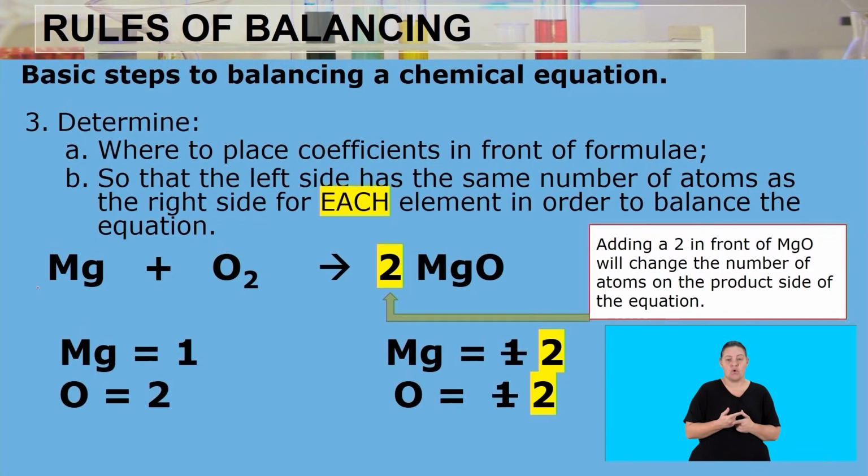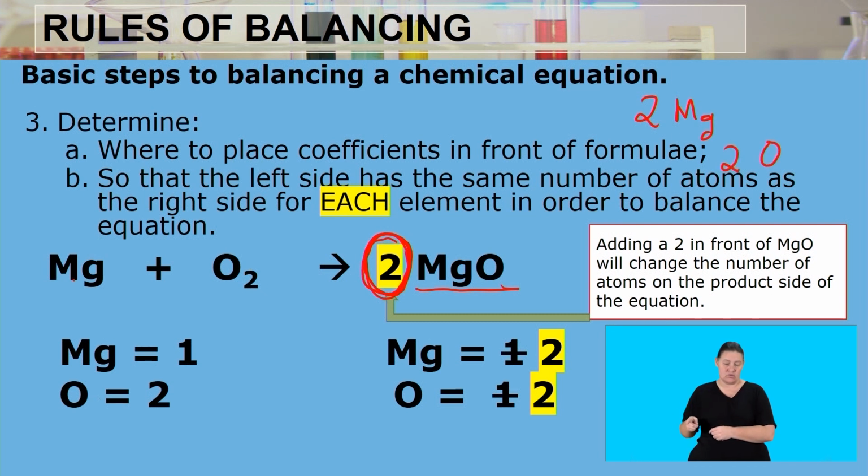We had our chemical equation before we wrote the 2. We said we have 1 magnesium, 2 oxygen, and 1 oxygen on the other side. So when we're adding a 2 here, this 2 is going to be multiplied throughout. That means we are going to have 2 magnesiums and also 2 oxygen.